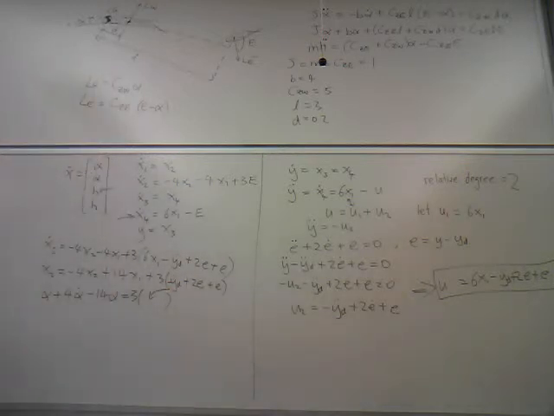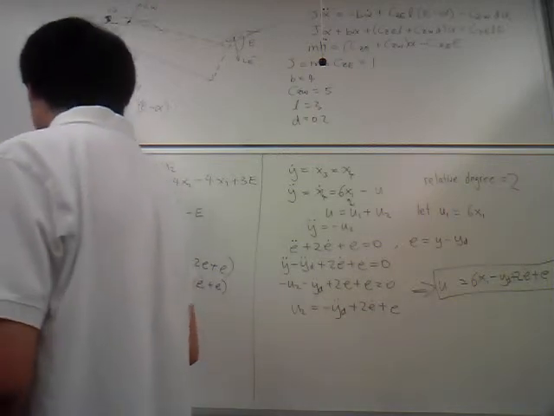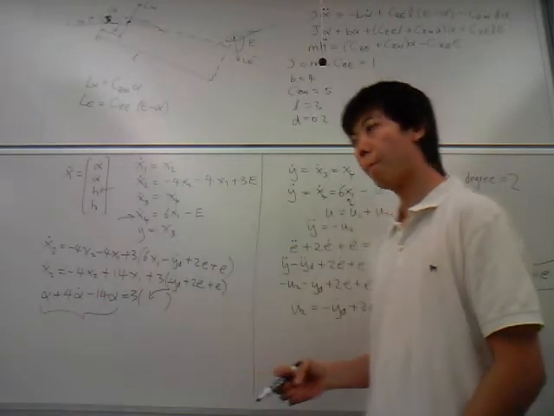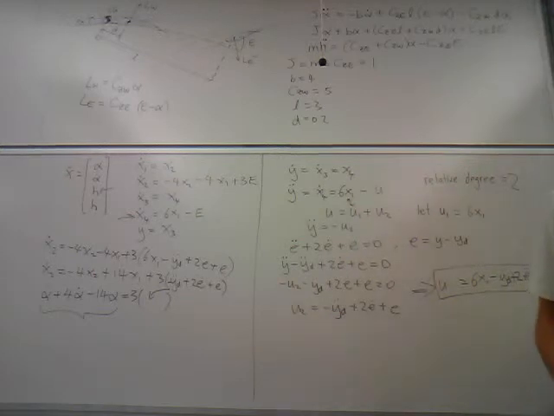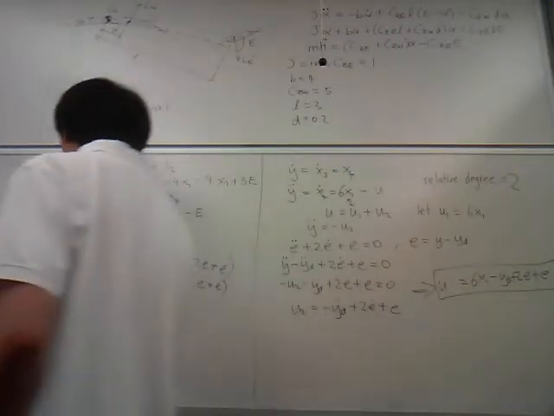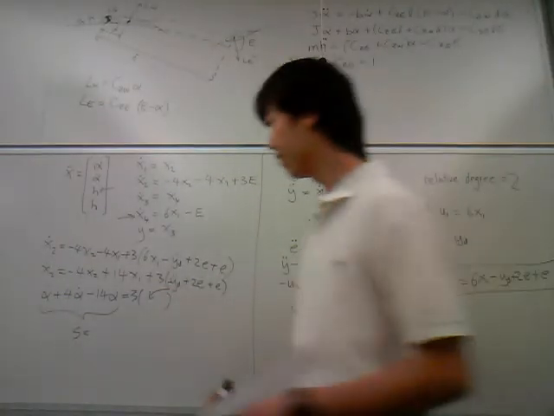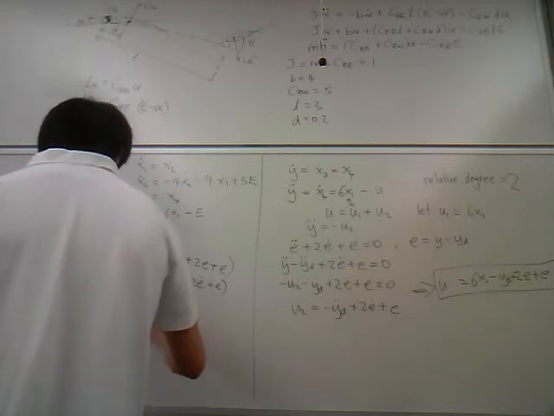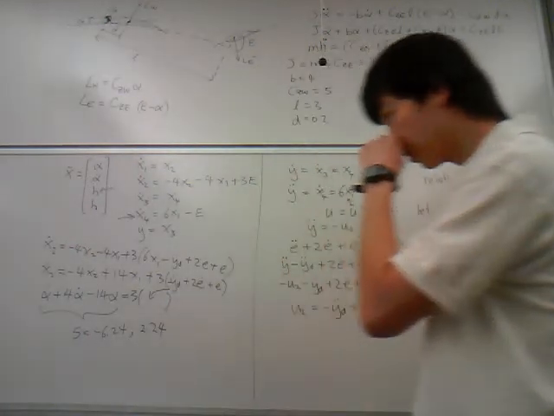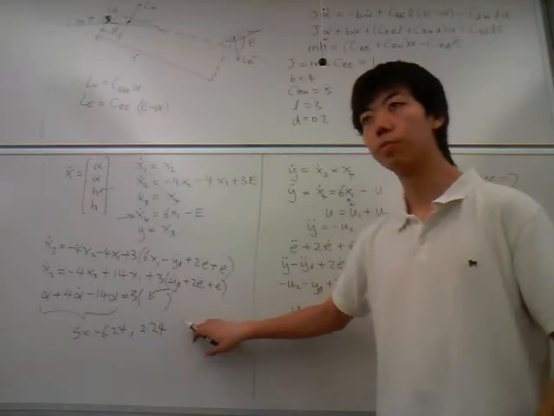Right? So is this stable? Turns out it's not. Turns out that the poles are at negative 6.4. So our internal dynamics is not stable.